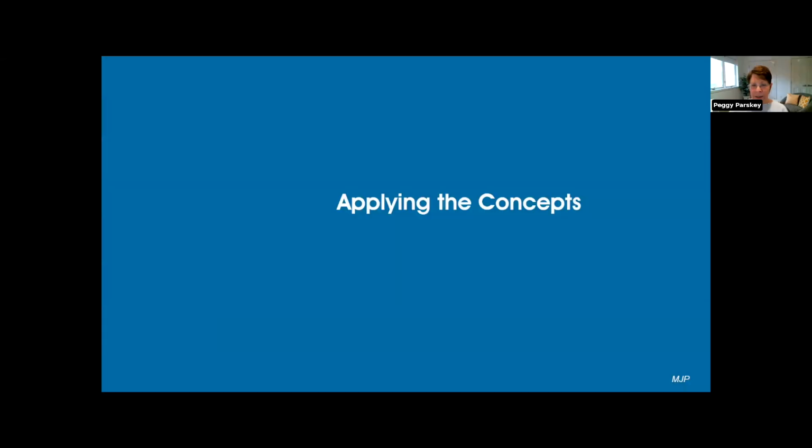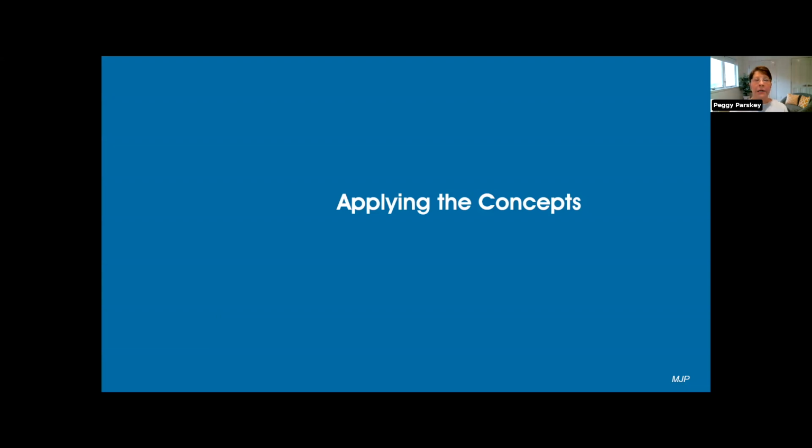Peggy? Yes. So now we've given you some introduction to these ideas, some of the measures. It's pretty standard stuff in some ways, but we're not necessarily always using it. We're not applying it. So we're going to do an application exercise. It's going to be a guided process.